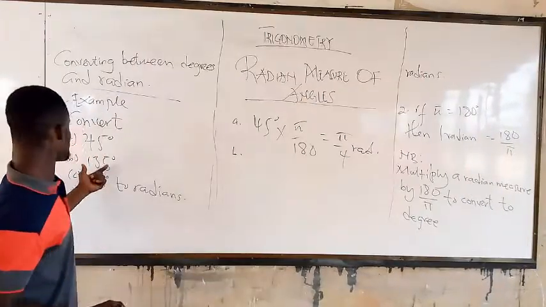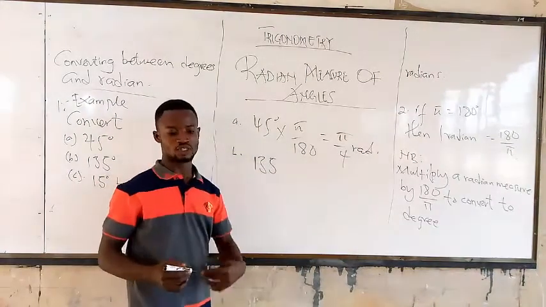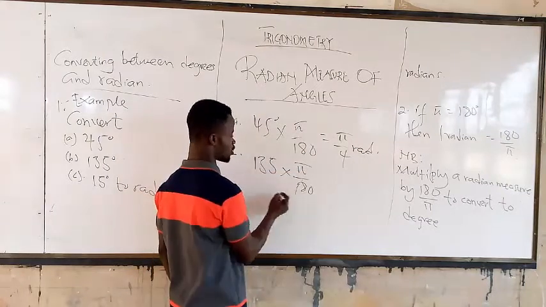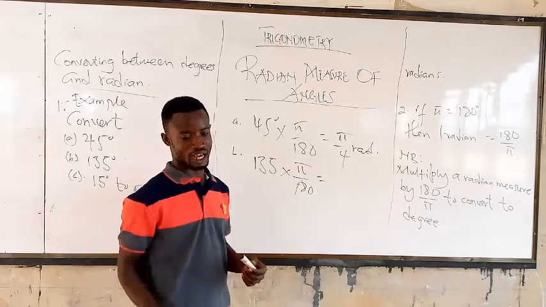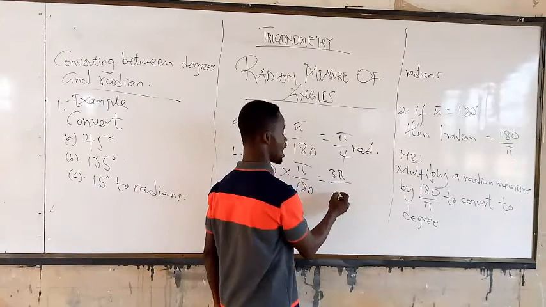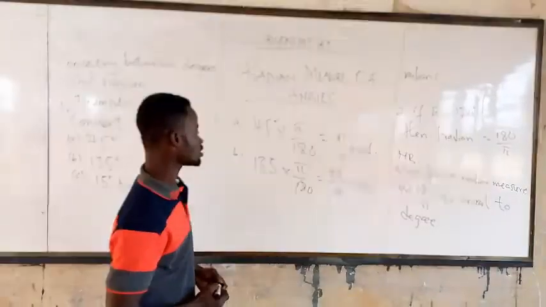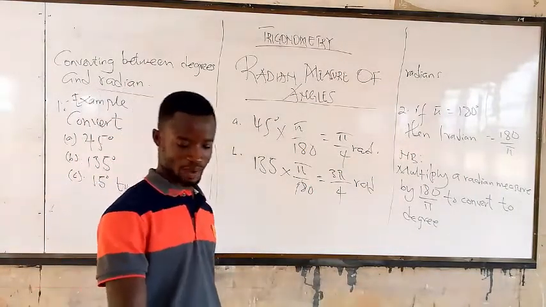B: if you have 135 degrees and you want to convert to radians, you multiply by pi over 180, and we get 3 pi over 4 radians. Make sure you punch it on the calculator. I hope you know where to locate pi.